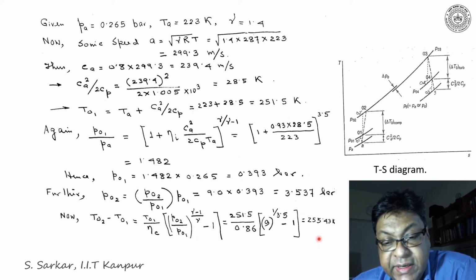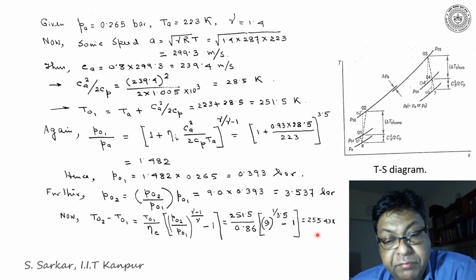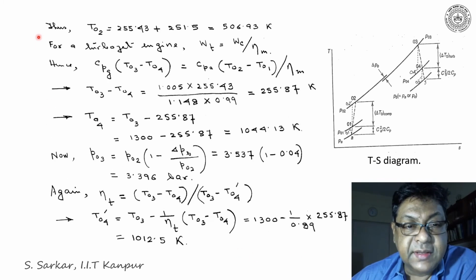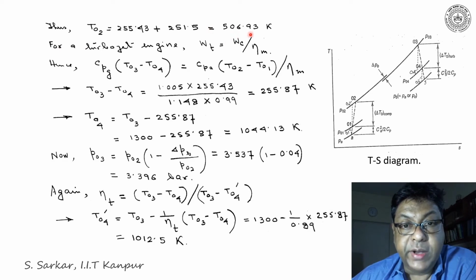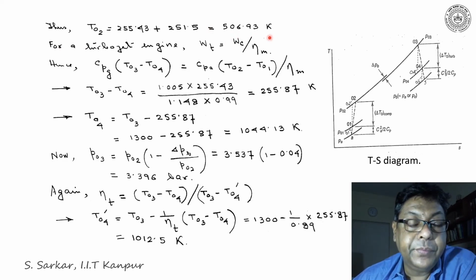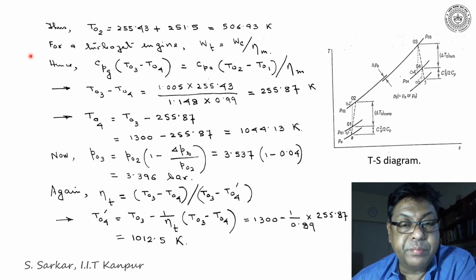You will get T02 minus T01 as 255.43 Kelvin. Thus, I have calculated T02. So T02 is equal to 506.93 K.